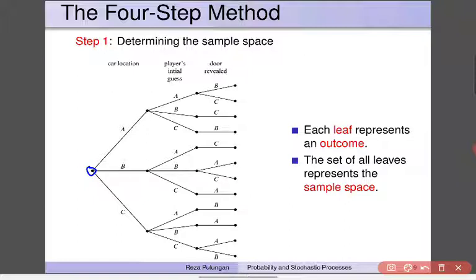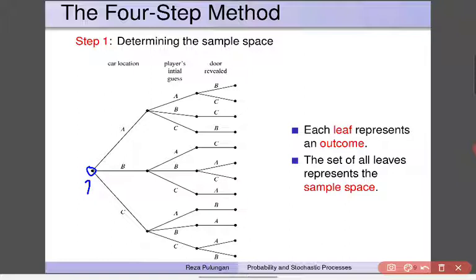This means that originally we are here before we perform the game, and then the first step of the game is to determine the location of the car. Now there are three possibilities, and we list them here, and we select one of them.